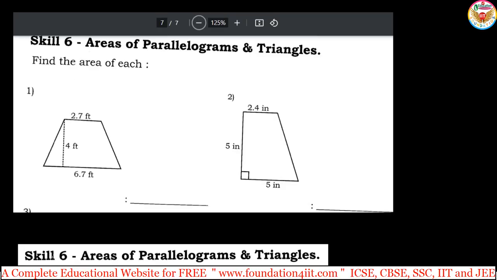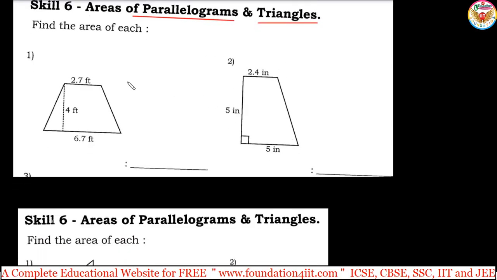Again, in the same way, the area of the parallelogram and triangle problems. I'm also giving some worksheets. If you know, directly download the worksheets, solve and verify the answers. This is the trapezium. Opposite sides are parallel. Distance between them is 4.